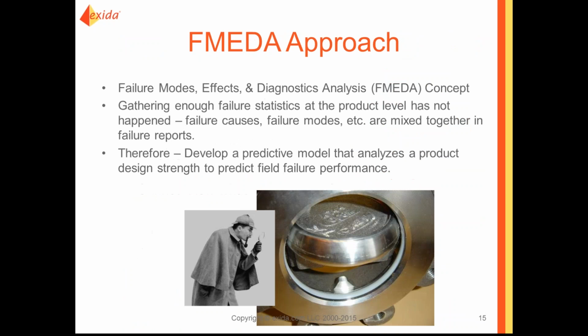There's a technique called FMEA, a failure modes, effects and diagnostic analysis. Essentially, when not enough statistics at the product level have been gathered, you can build up a model of that product using an FMEA approach. It's really a predictive model that looks at the design strength to predict the failure of a product.